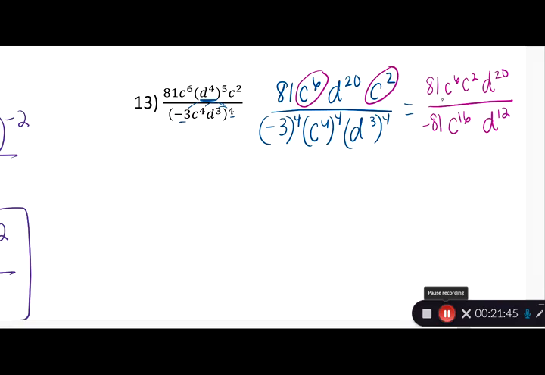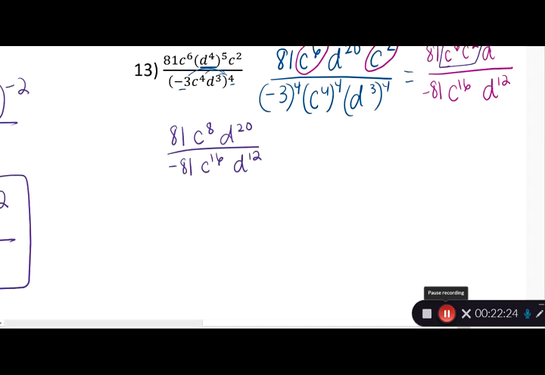Next step I'm going to do is combine these two c's in my numerator. So I have 81. C to the sixth times c squared is multiplication, so we want to add. So we get c to the eighth, d20, all over negative 81, c to the 16, d to the 12th.